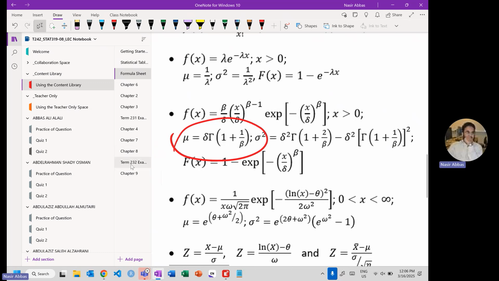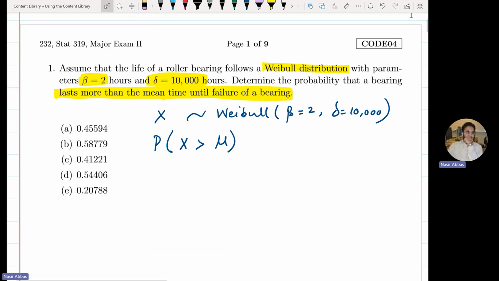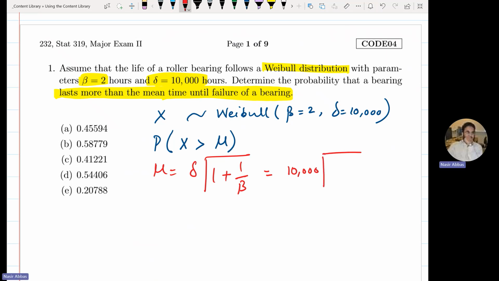So I will take this formula and I will write it here. Mu equals delta multiplied by, not square root, gamma of 1 plus 1 over beta. Is it correct? Okay. So what was delta in your question? 10,000 multiplied by gamma of 1 plus half.